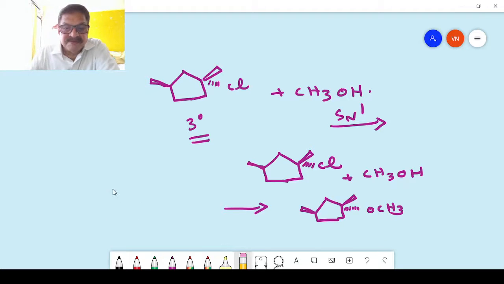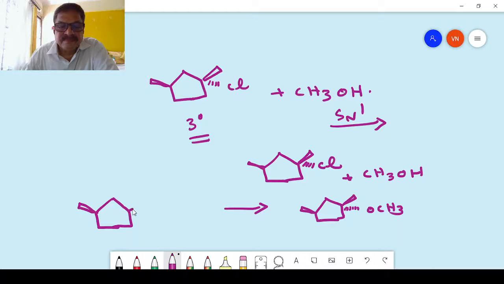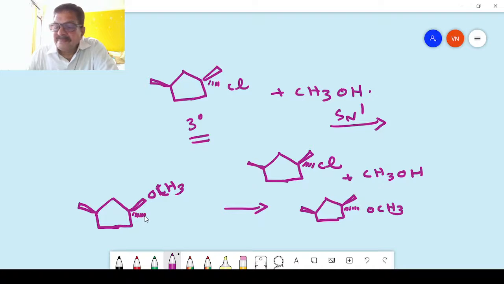I will just draw here. The other compound formed will be above the plane, and below the plane here.